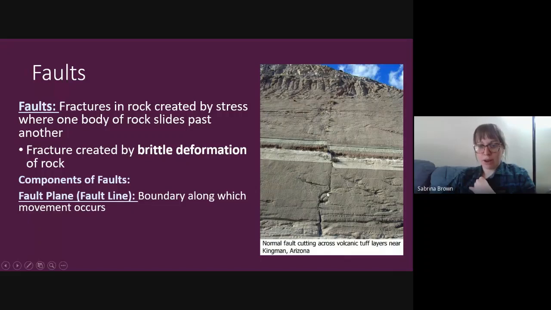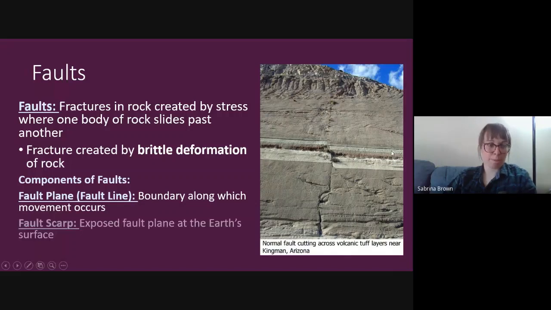And we have this crack running through the middle that has offset this originally horizontal layer. And so this crack here is our fault plane. We would say this half here is a block or a body. And then we would say this other piece here is another block or body. So fault planes are just the boundary along which movement occurs.